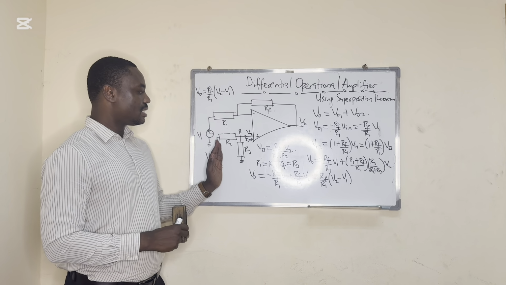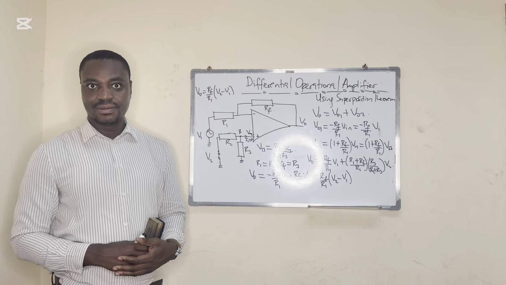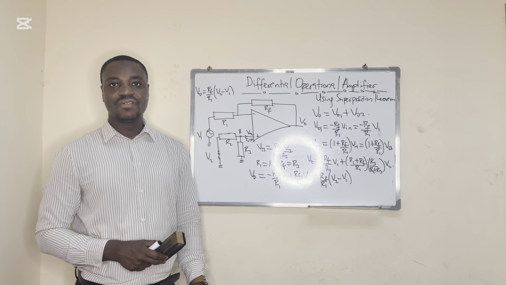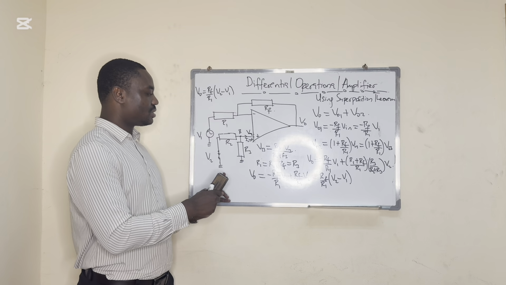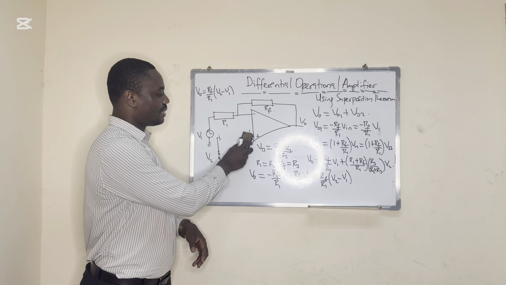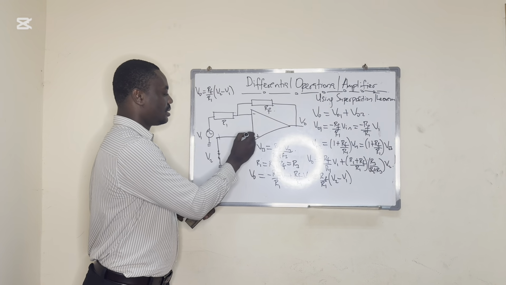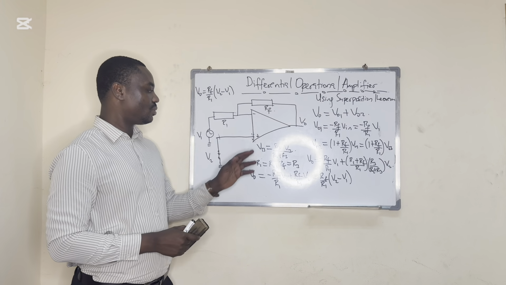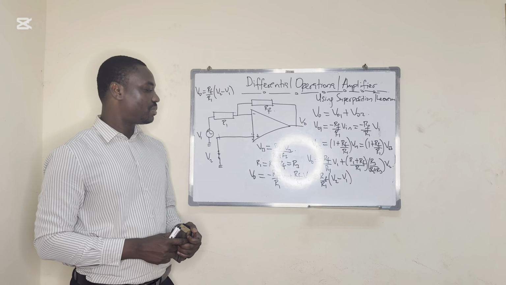And since there's no voltage supply to R2 and R3, this is just connected to the non-inverting input, and this just becomes an inverting operational amplifier. Since we don't have any voltage supply here, we can just connect this, because the voltage across all of that will be 0. So this becomes just an inverting operational amplifier.